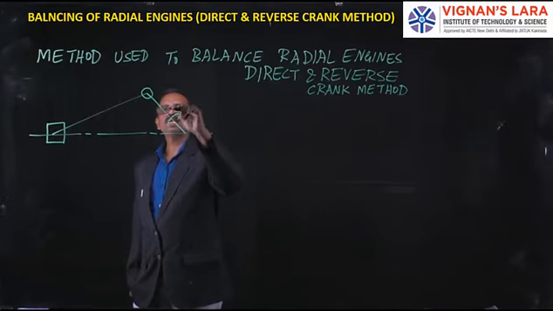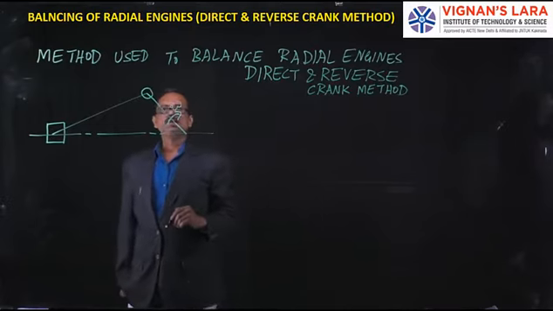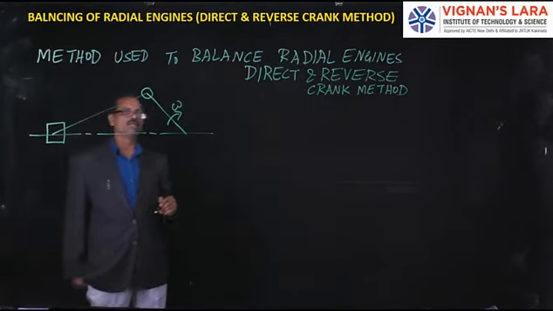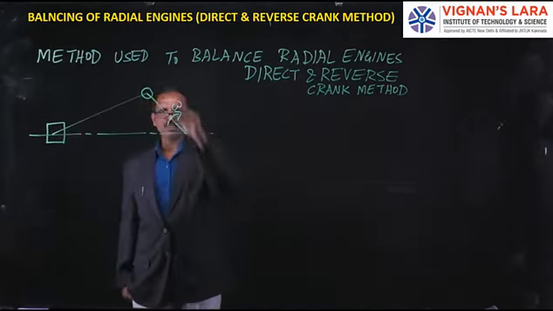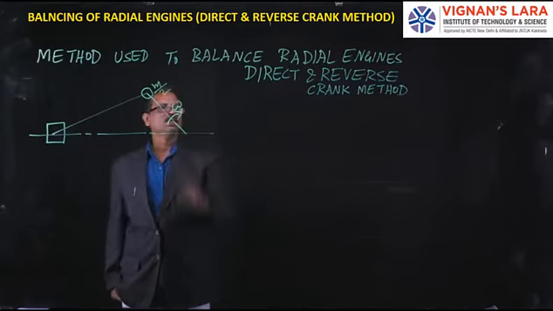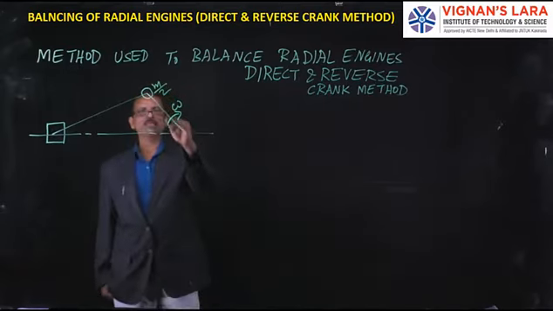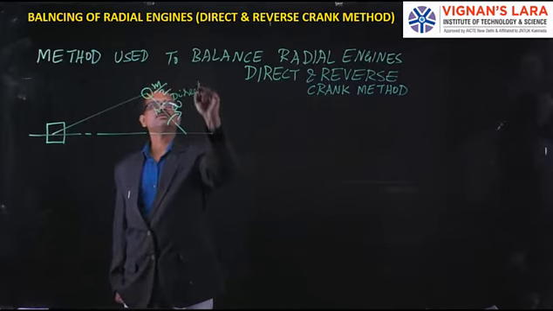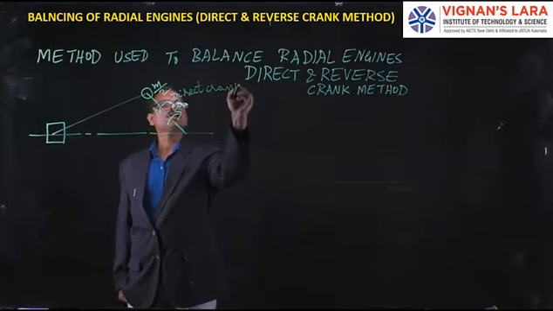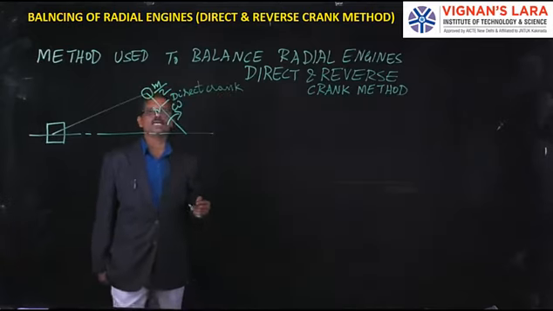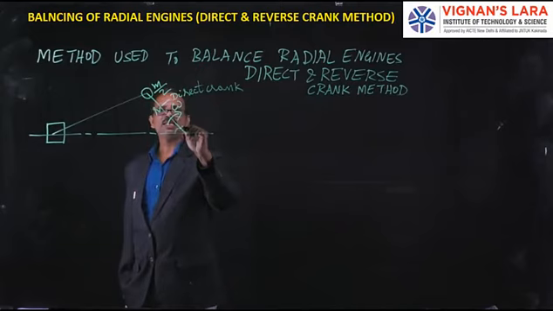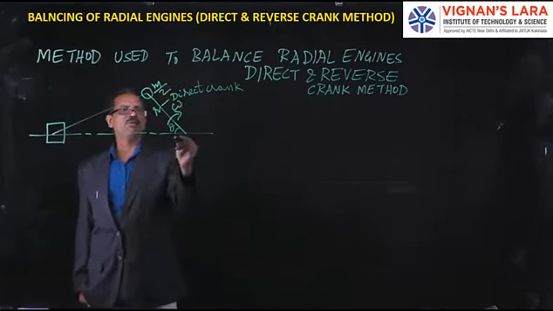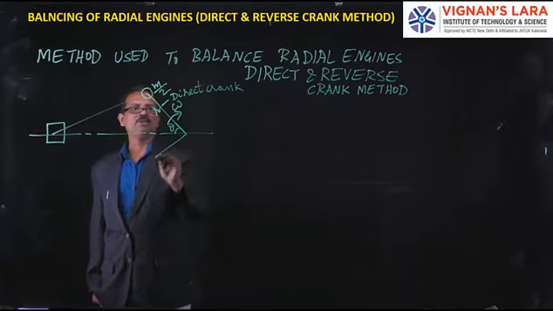In the direct and reverse crank method, we consider a mass m by 2 connected on the direct crank, and its mirror image: if this makes an angle theta upward in the clockwise direction, there will be another theta in the anti-clockwise direction.